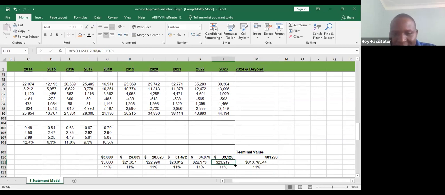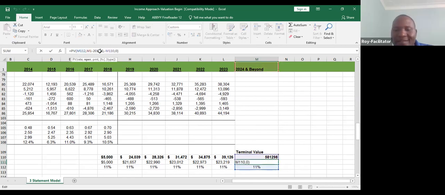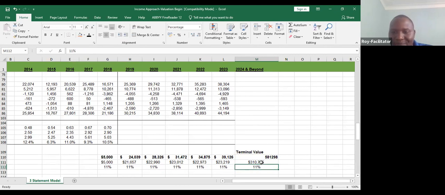Now you will see it's giving me a hashtag value, because here we have put 2024 and beyond, so this is not a number. So when I look at the formula here, I need to make it a number so that it computes. So I'm just going to delete this and say it is 6 years later, in year 6. So I'll just put that, and now it will give me the number.